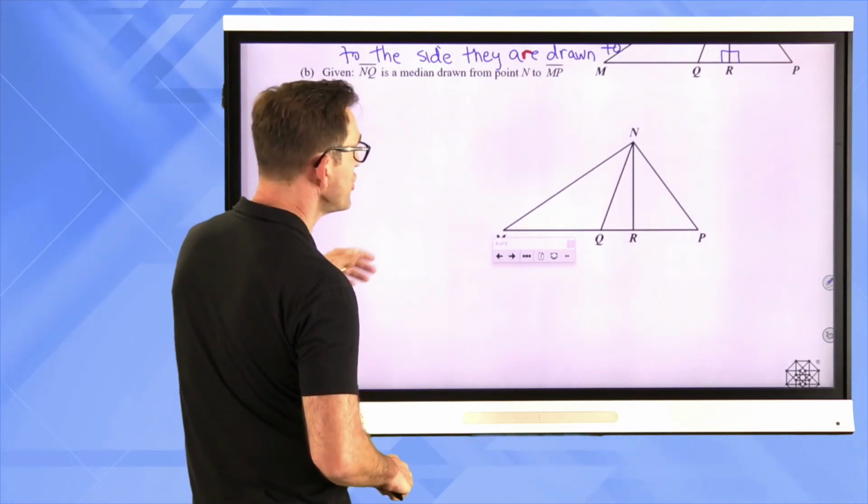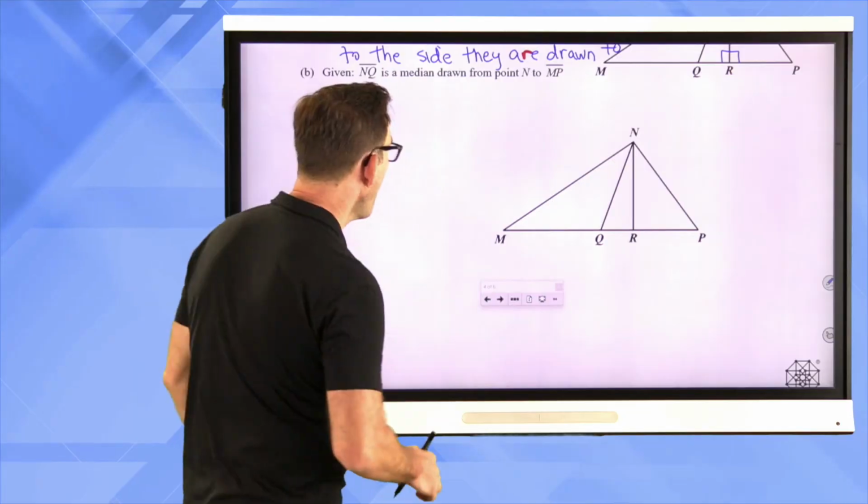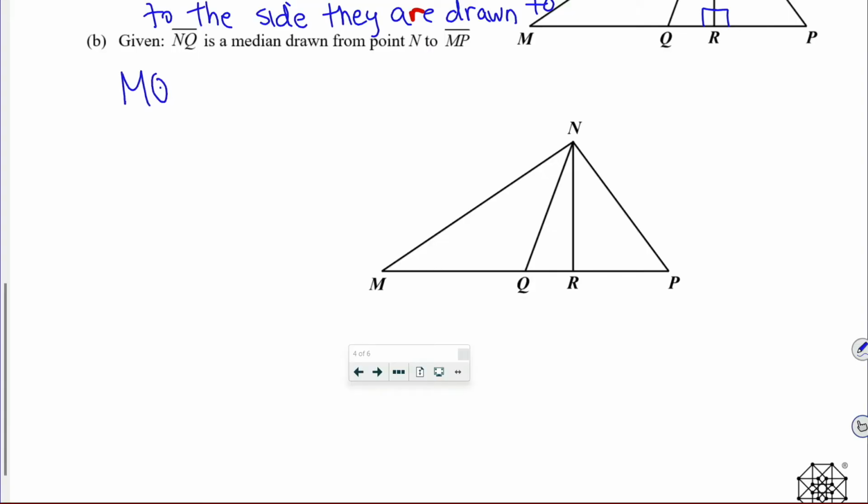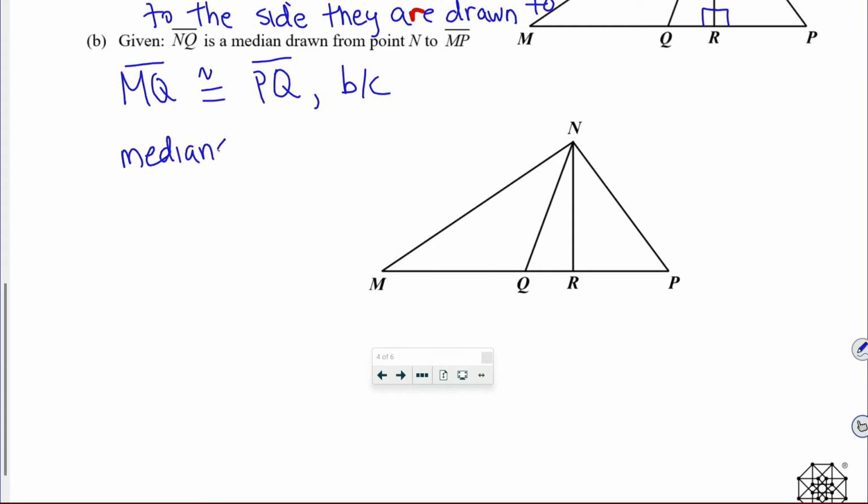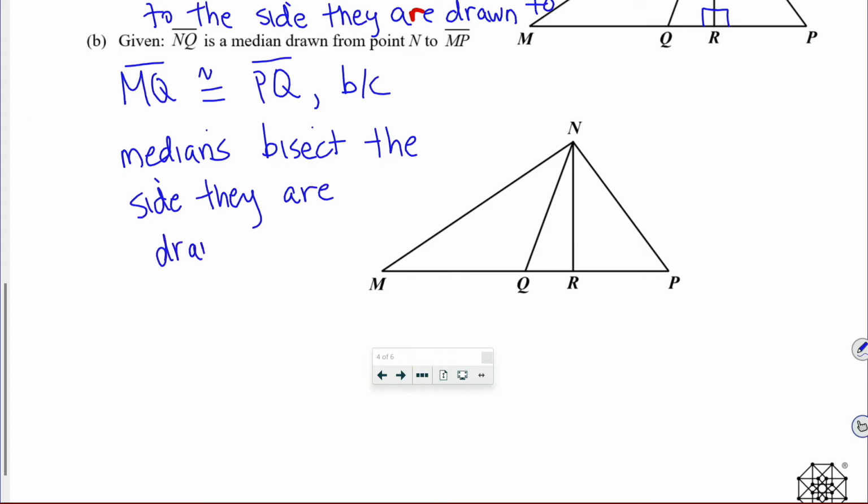We could conclude that Q is the midpoint of MP, or we could conclude, probably more likely, that MQ is congruent to PQ, and that's because medians bisect the side they are drawn to.